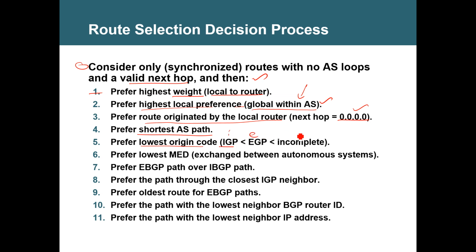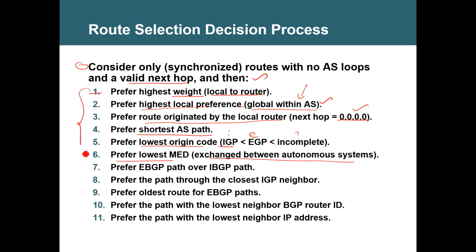I is preferred over E, preferred over question mark. This comes into picture only if you have dual homing and it is advertised to an eBGP neighbor. The other advertisements are not; local preference is not given to eBGP, but MED goes to eBGP.